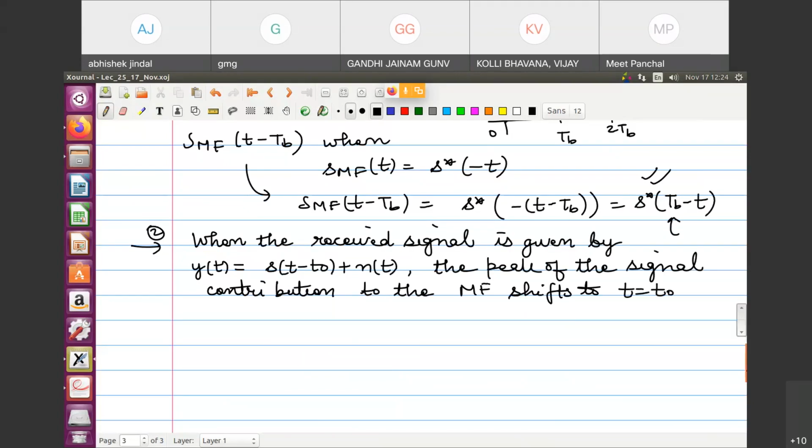It means you have to determine the sampling instant at which you will get the maximum power or maximum value as the output, and this should be when you are convolving it with a signal which has an equivalent delay to what we get as input. So t is equal to t naught will be the point at which you will sample, which now becomes the optimum sampling time.